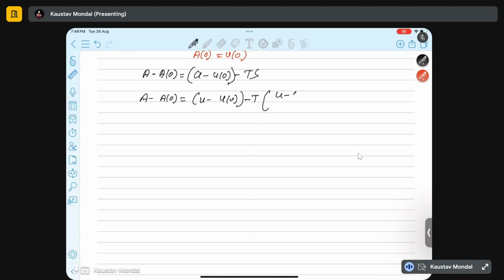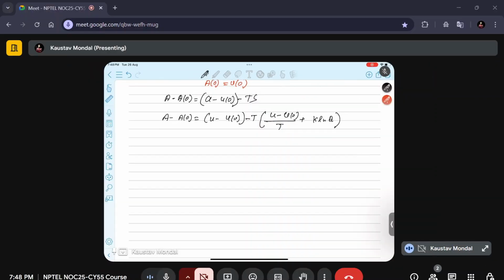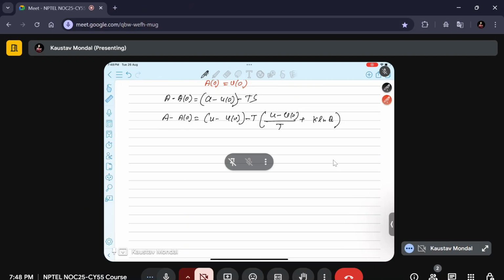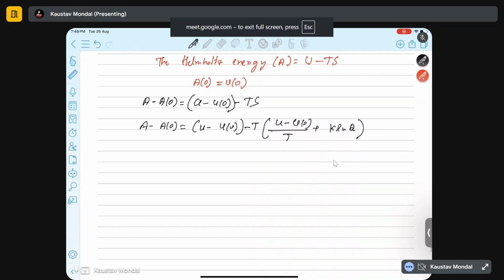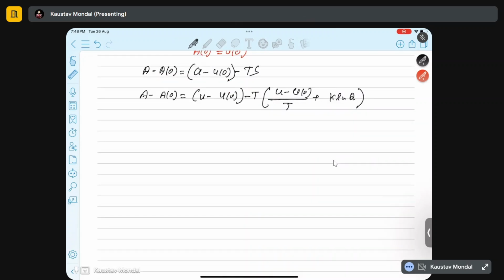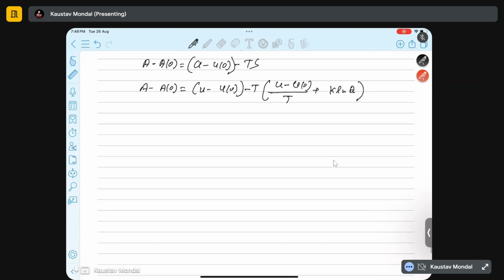This is the expression of the S, right? For a canonical system, you can write the expression of the entropy S like this, plus k ln Q. So this is the expression of the change in the Helmholtz energy.